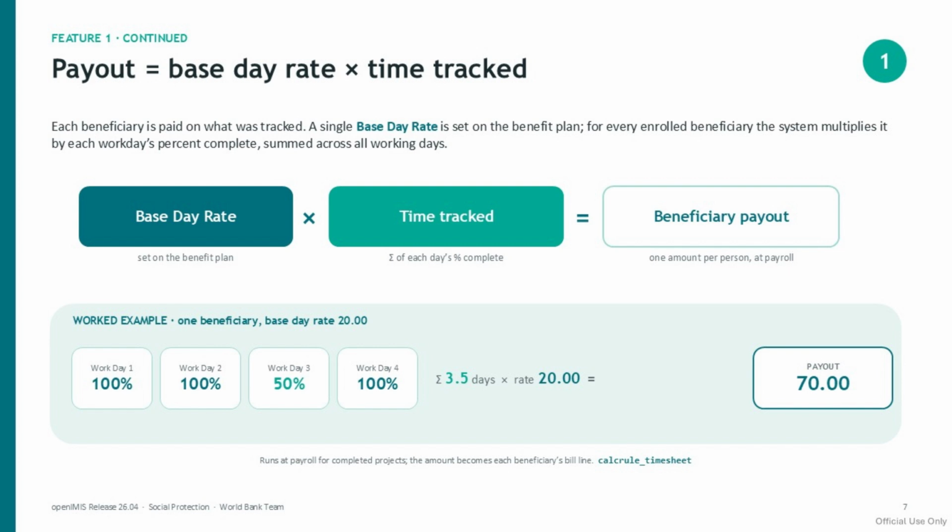This is used to calculate the beneficiary payouts. Below there's an example: if a beneficiary works 50% on workday 3, for that day they only get half the pay as opposed to 100%. The pay for each day is then added together to calculate the total payment for the payroll period. Next slide, please.